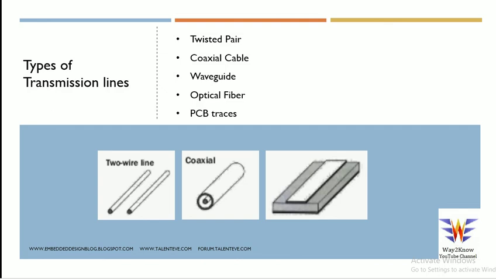A twisted pair, like we use in household applications, is also an example. Waveguides are another example, and optical fiber is another example, and so is the PCB trace. As we said, PCB traces are treated as transmission lines above certain frequencies, so they also come under transmission lines.